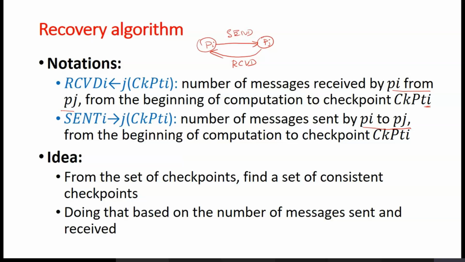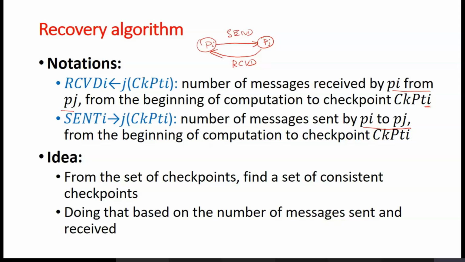At a particular checkpoint, how many messages are received by Pi from Pj, and similarly how many messages are sent by Pi to Pj, from the beginning of the computation up to checkpoint CKPT_i. So this is the notation. Another idea here is, from the set of checkpoints, find a consistent set among them, that is, find a set of consistent points.